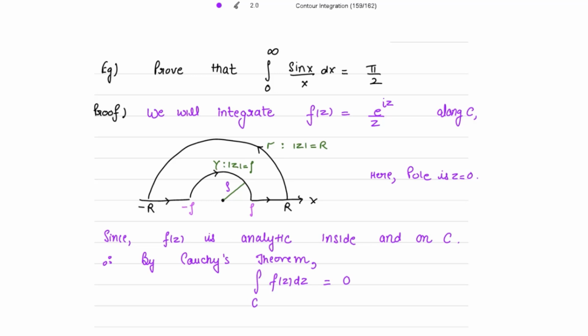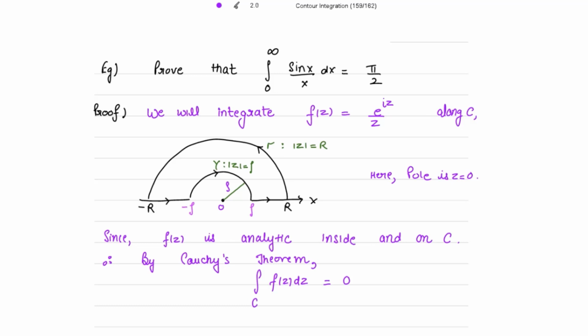Right? Because we have bent the curve at this 0, and 0 is not lying inside the contour. It is outside the contour. That is why this integral over the complete contour C of f(z) dz is 0.